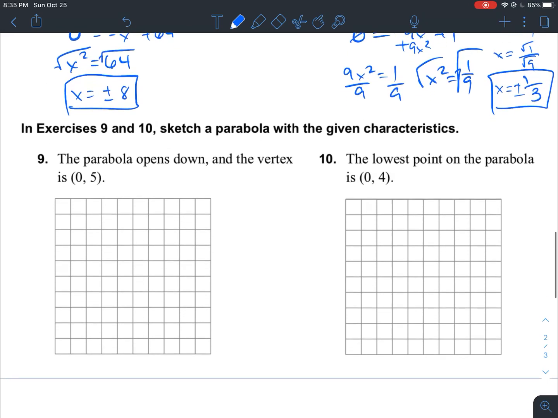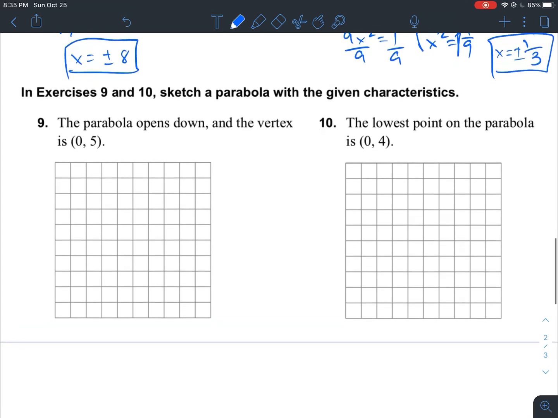Okay. Now I'm going to jump to number 9 and 10. For these exercises, it says sketch a parabola with the given characteristics. So these characteristics say the parabola opens downward, so like that, and the vertex is 0, 5. So the vertex is either the highest or the lowest point of the parabola. So if this is open downward, we'll have the highest point right there.